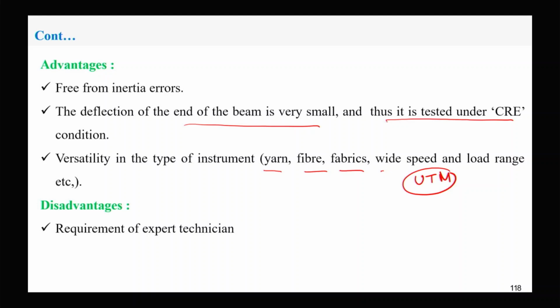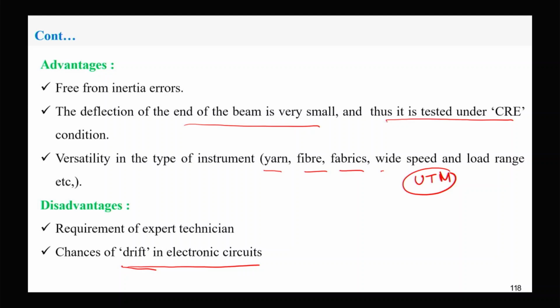The main disadvantage is that this is a very sophisticated instrument and needs an expert technician, and there are chances of drift in the electronic circuit. After repeated extension and contraction, the resistance wire sometimes gives wrong results, as permanent deformation is there.